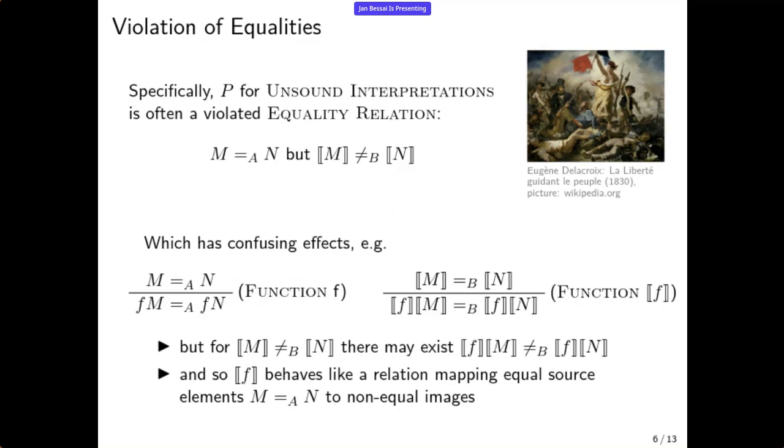That is, we pick as our P a binary relation, which is an equality relation, and in our domain A, we have M equals N. But then when we interpret things into our language of contracts, for example, M is no longer equal to N. Or it could be the other way around: in our language of contracts, two things are equal, M equals N, but in our actual system, those two states or programs or whatever we like to describe are no longer equal.